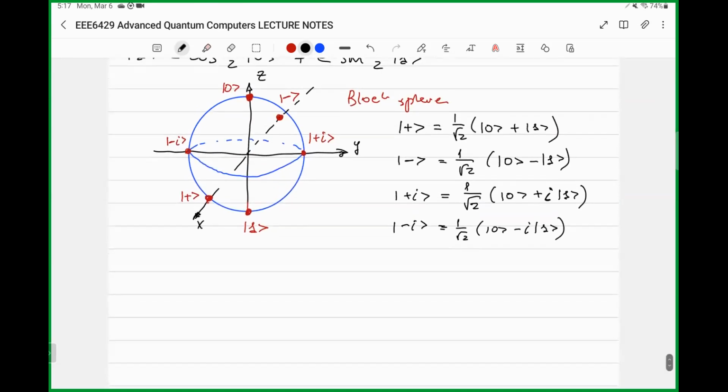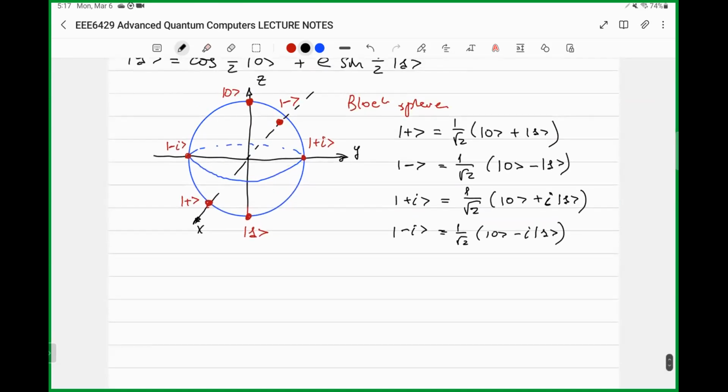As you can see, the Bloch sphere allows us to represent any state of a qubit as a point on this sphere of radius 1. In particular, these most important states 0, 1, plus, minus, and plus i, minus i correspond to these poles of the sphere.